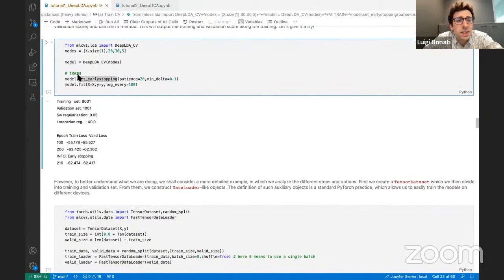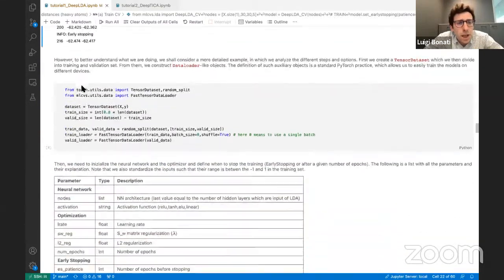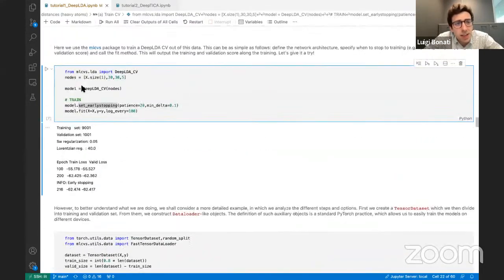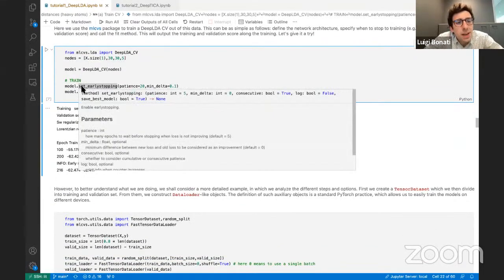For instance, we could specify a fixed number of epochs, or here we use the early stopping method, which means to split the data into training and validation, and stop the training when the validation score does not improve anymore, or it starts to get worse. This is really a minimal example.